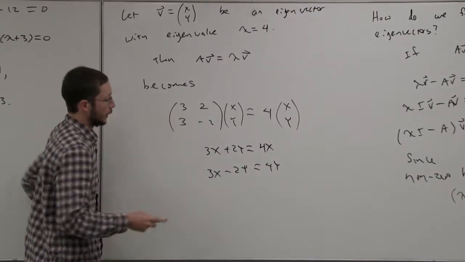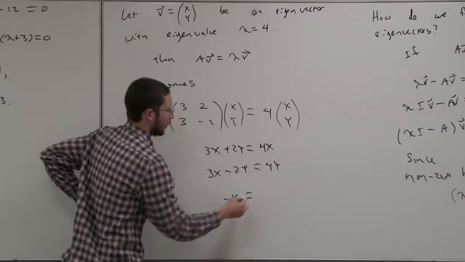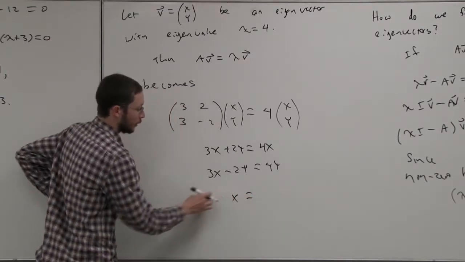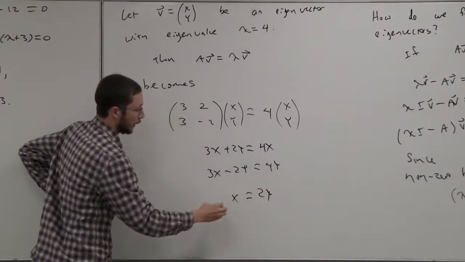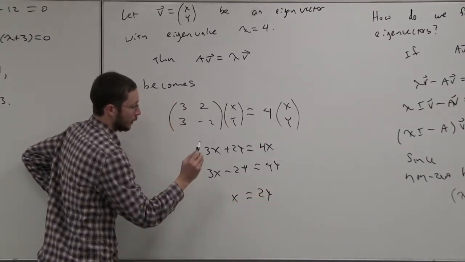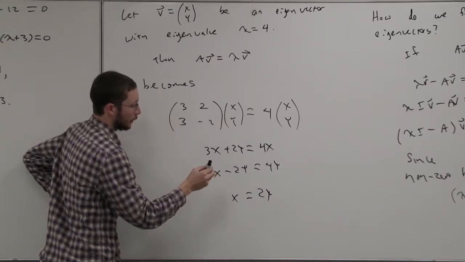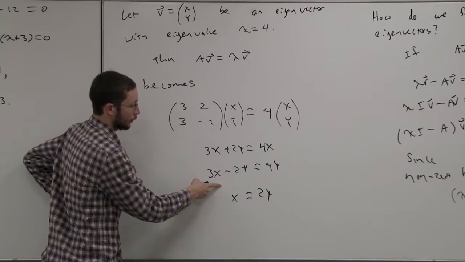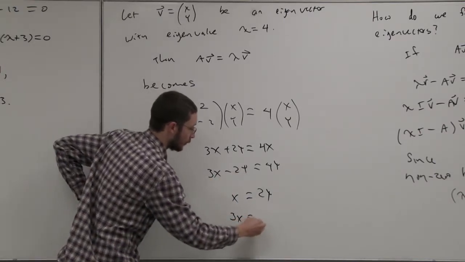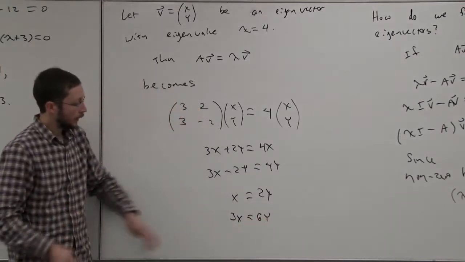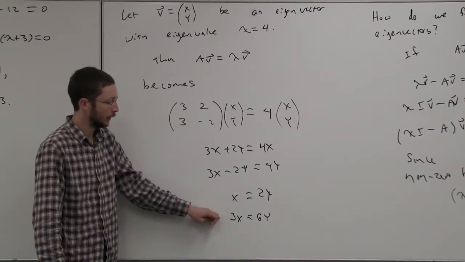And then we can rearrange this. I'm just going to skip some steps here. We get x equal to 2y, and 3x equal to 6y. And so these two equations turn out to be the same, right? It's just the same equation, slightly rewritten.